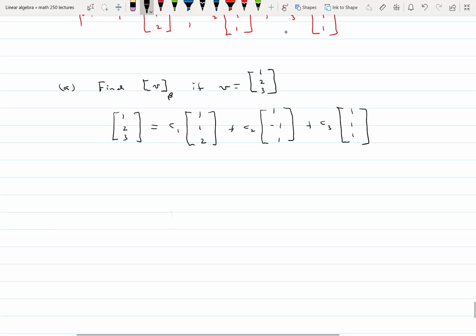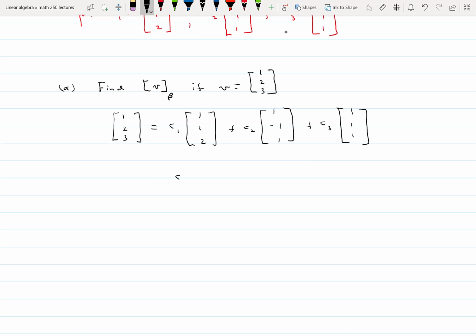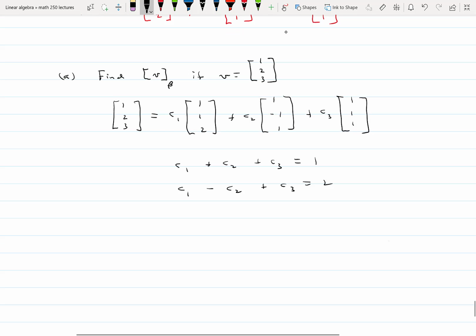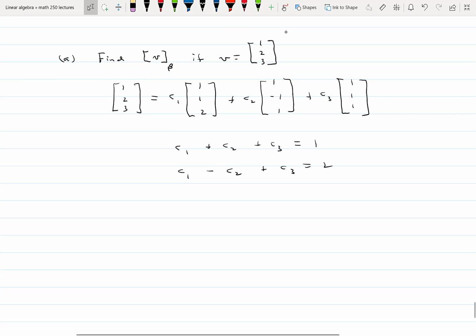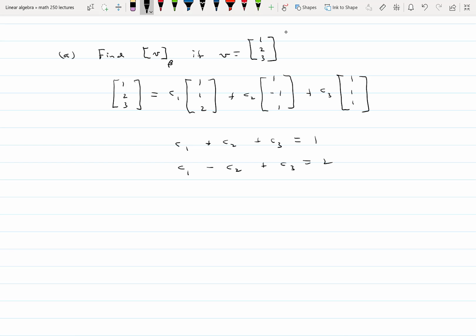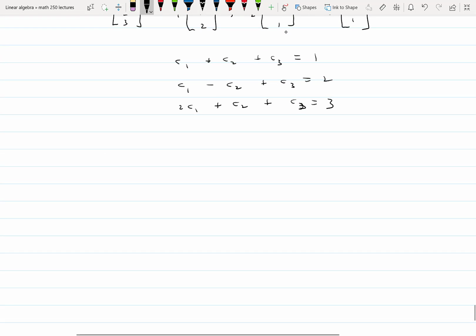Okay. This results in a system of equations. C1 plus C2 plus C3 equals 1. C1 minus C2 plus C3 equals 2. No double subscripts here. We're just looking for one set of constants. 2C1 plus C2 plus C3 equals 3.